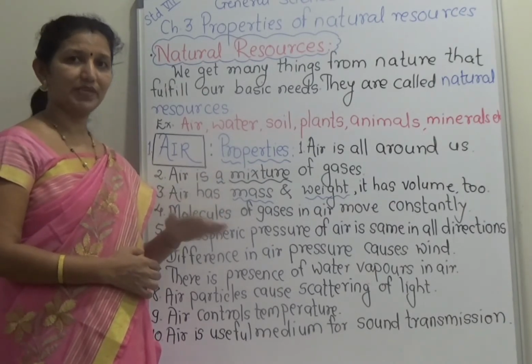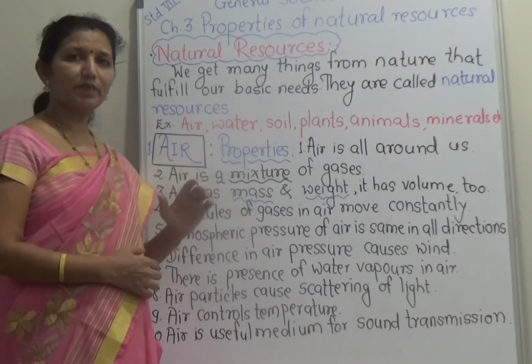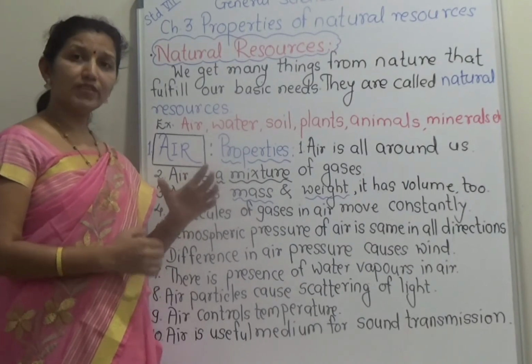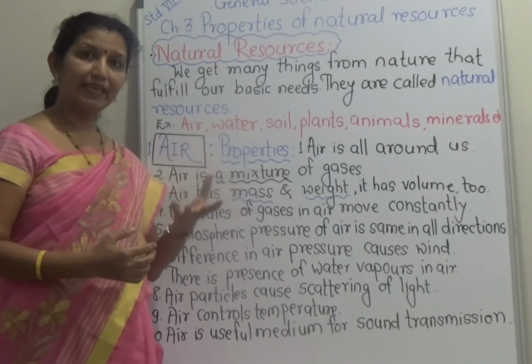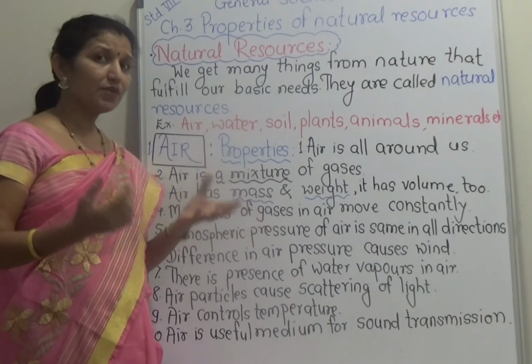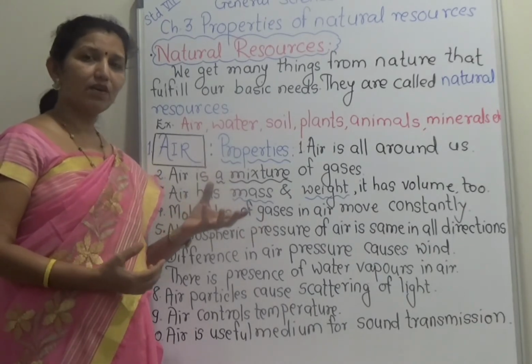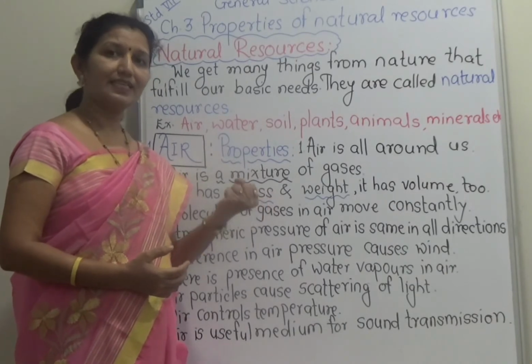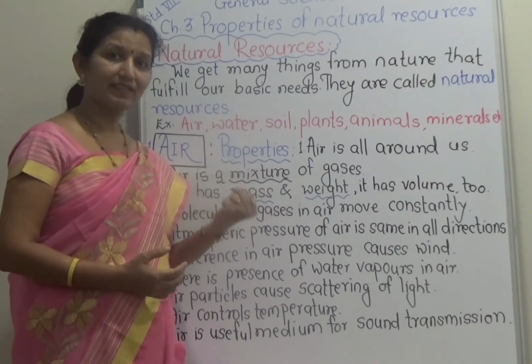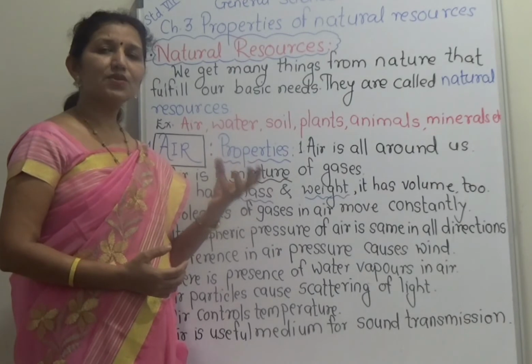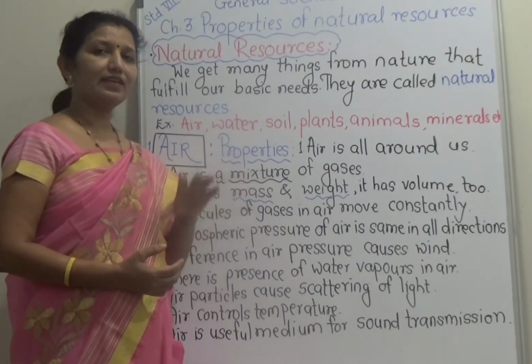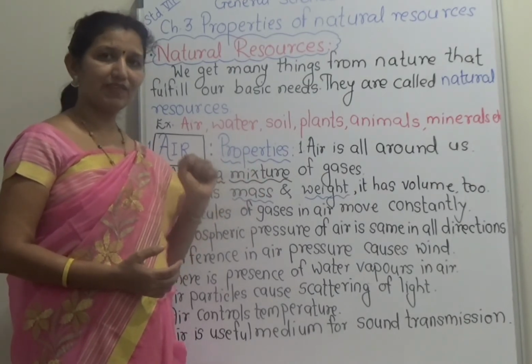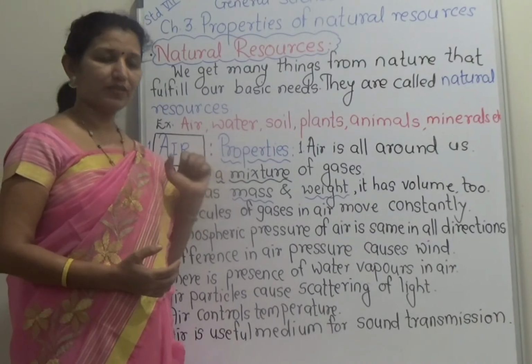There is low temperature, and because of low temperature, the humidity is more. What is humidity? The capacity of air to hold water vapors is called humidity, and this humidity is more at night, in the evening, because there is low temperature.